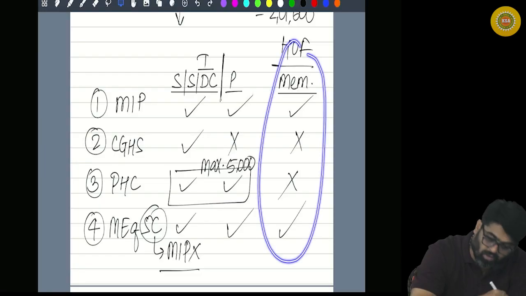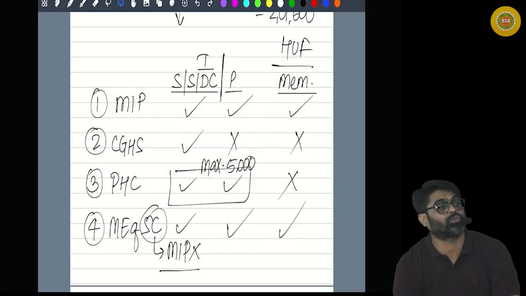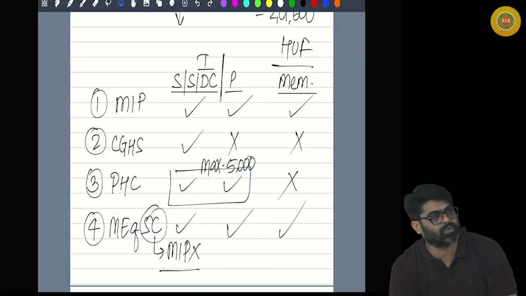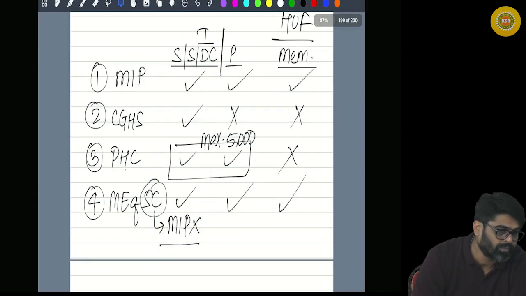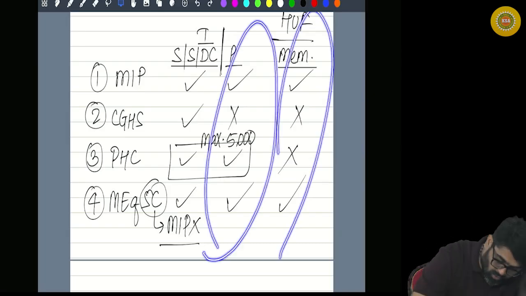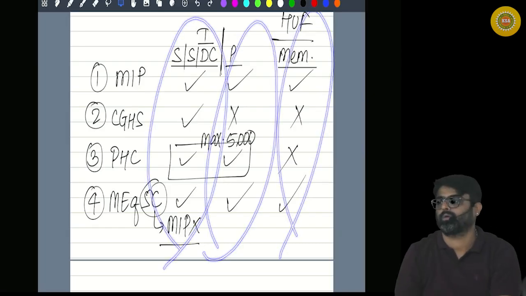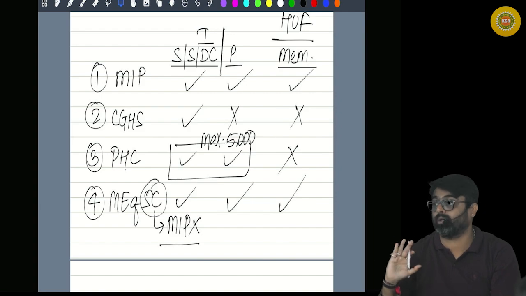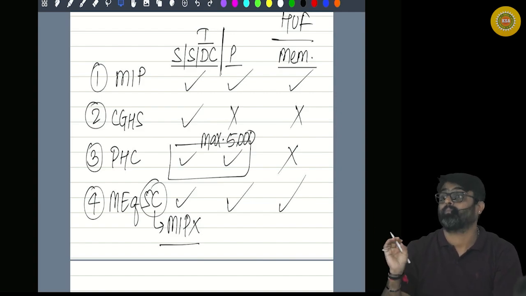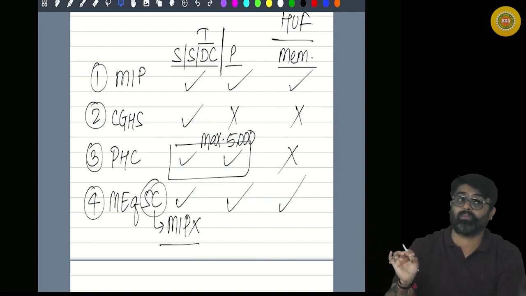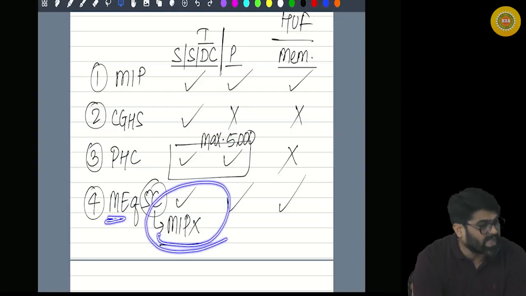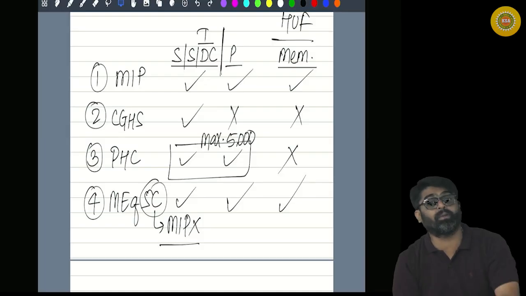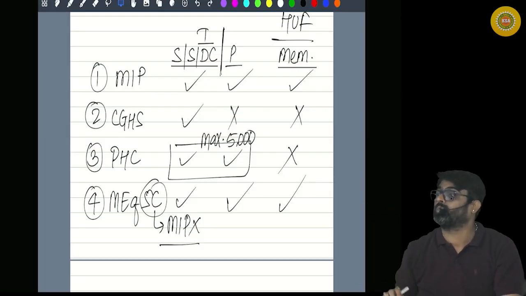And this is the total qualifying amount for HUF, which will be allowed in the hands of HUF subject to maximum 25,000. But remember, if in the total qualifying amount there is medical insurance premium paid for a senior citizen, or medical expense of this type of senior citizen, then the limit of 25,000 will increase to 50,000.